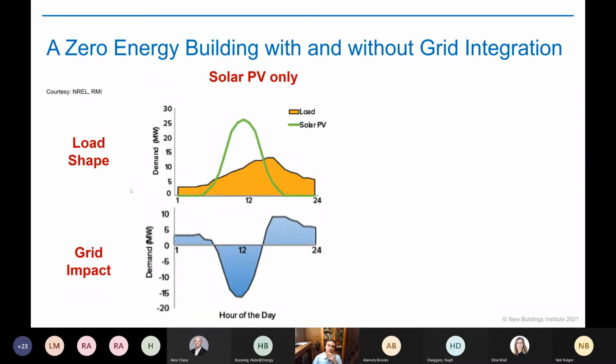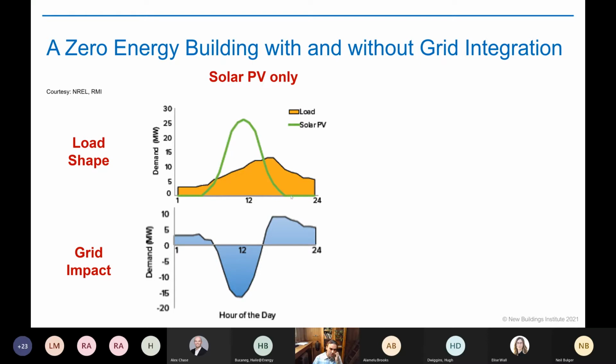So I like to think of there being a couple different flavors, if you will, of zero energy buildings. What's shown here, this is some work done on a real building by NREL and RMI a couple years back. The yellow or the golden shaded area is the building's load over one particular day. And then the green is solar PV production, so rooftop solar.